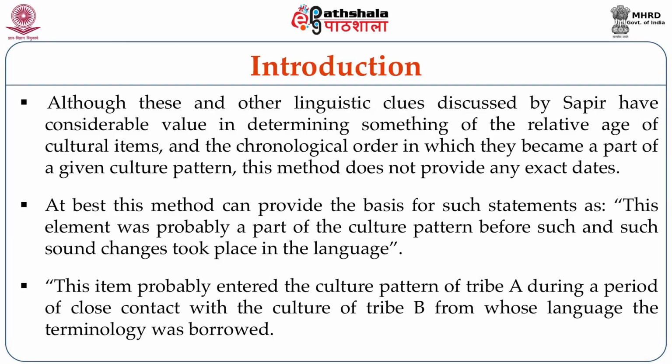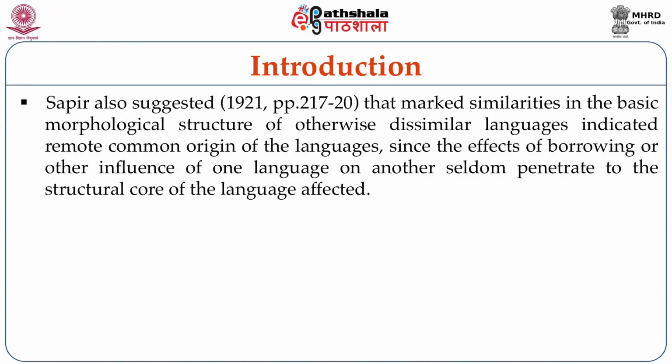Sapir also suggested in 1921 that marked similarities in the basic morphological structure of otherwise dissimilar languages indicated remote common origin of the languages, since the effects of borrowing or other influence of one language on another seldom penetrate to the structural core of the language affected.